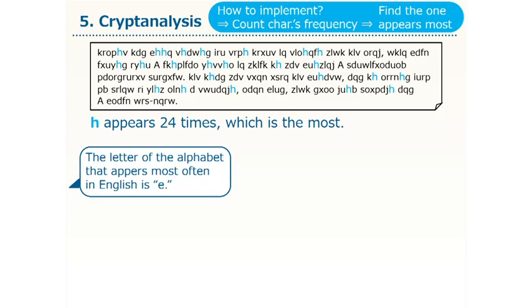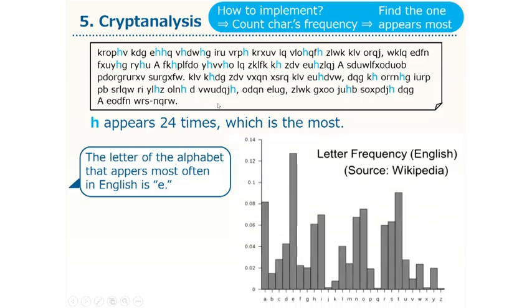Considering only lowercase letters, the letter of the alphabet that appears most often in English is E. For example, using a graph taken from Wikipedia, we can see from the large amount of data that the frequency of E is very large here. Note that the difference from the second or the third best is quite large. That means that it's plausible that since H appears 24 times, H might actually correspond to E.